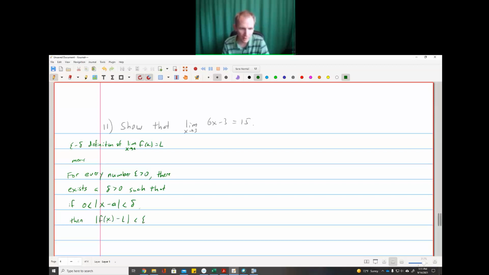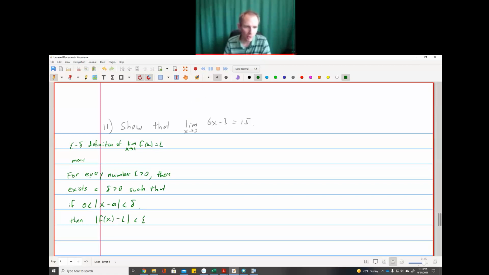Or another way to say that is that the f of x values are within a distance of epsilon from L. And that distance business is part of the notes that we did for section 2.5 right at the beginning, where we look at how absolute value is just talking about distance. So this is our definition.